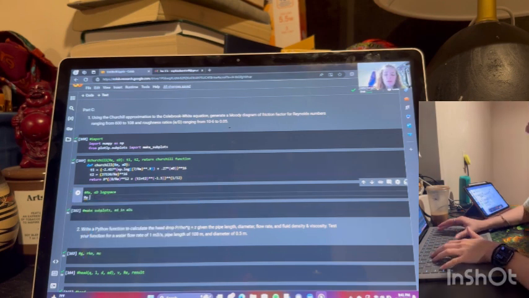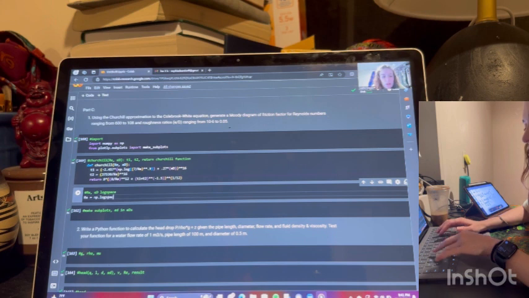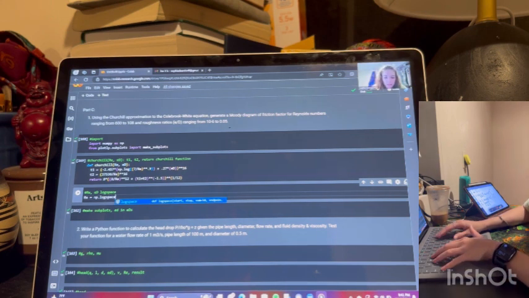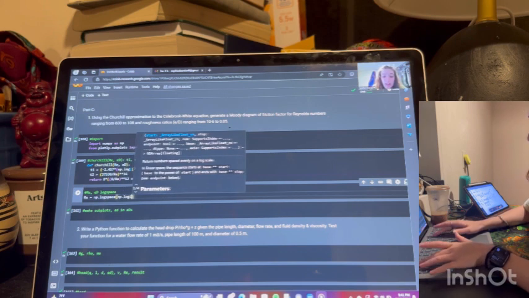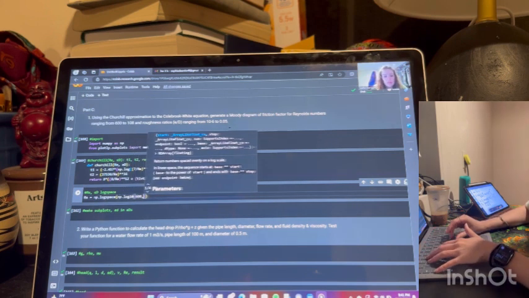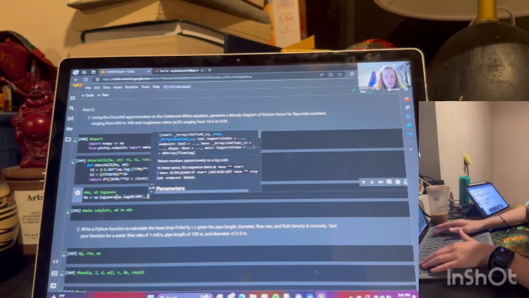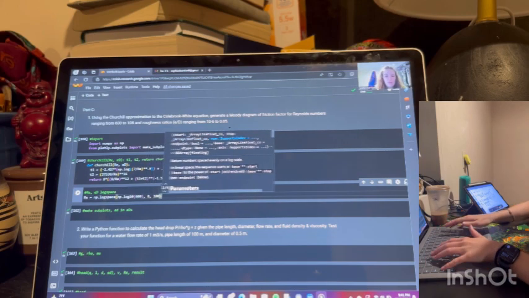So then we're going to have our RE as our np.logspace, and that's going to be for the np.log10 of 600, 8, 100.